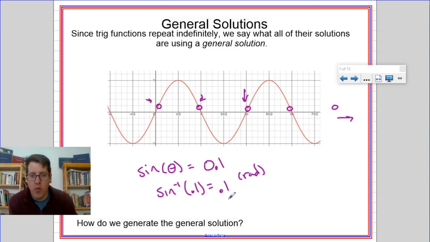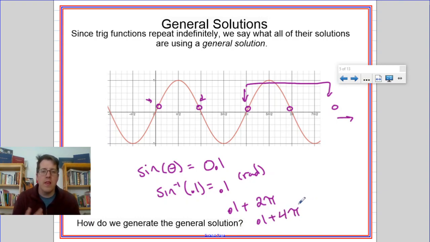Well, it would be 0.1 plus 2 pi, because it would just be another lap around the unit circle. And then this solution would be 0.1 plus 4 pi.